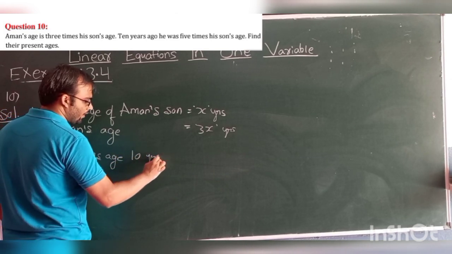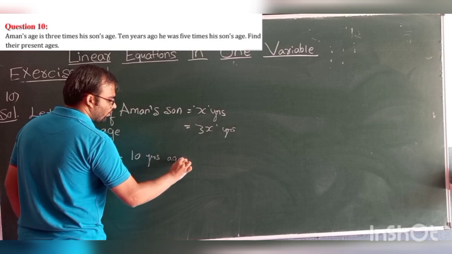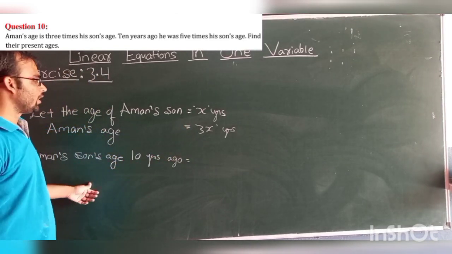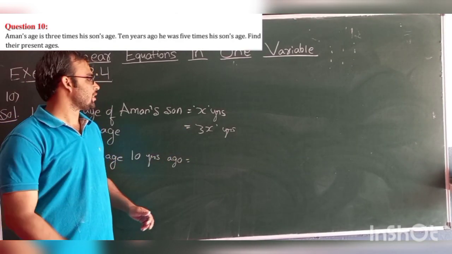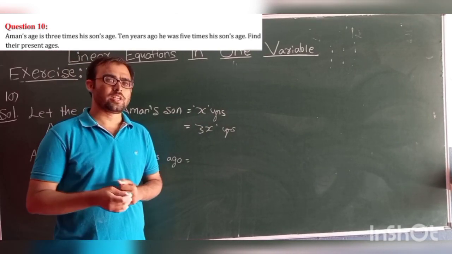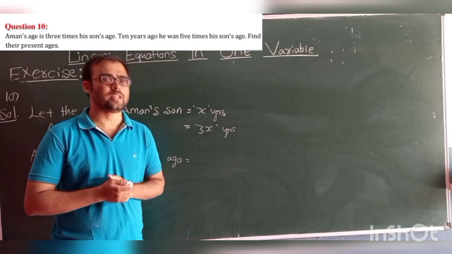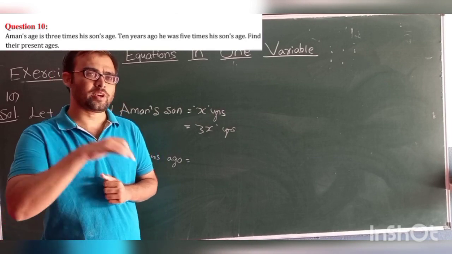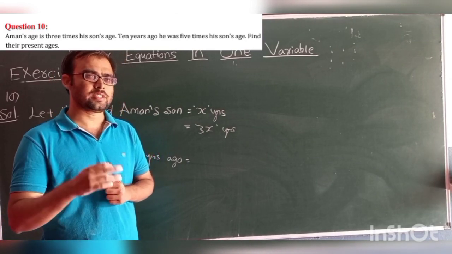10 years ago. Okay, students, if the present age of Aman's son is x, then 10 years ago, what will be his age? Students, if your present age is 30 years, then what will be your age before 10 years? 20, no? That is 30 minus 10.